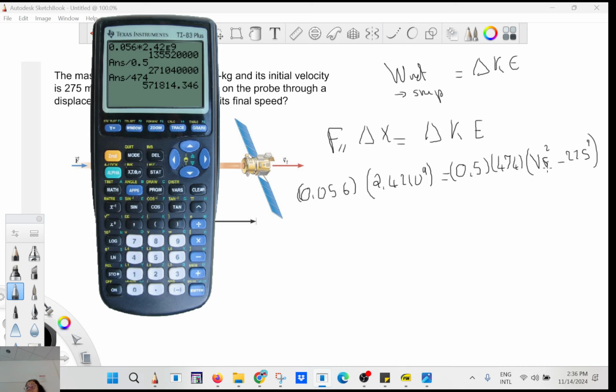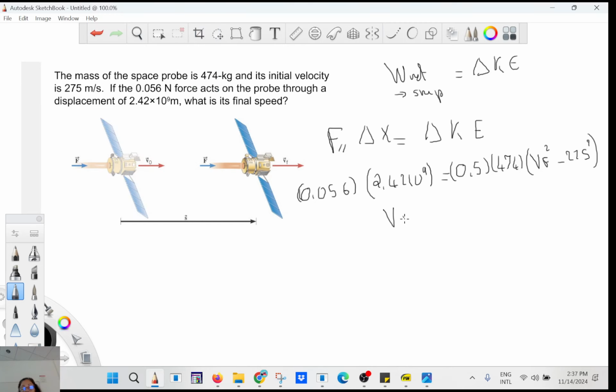And then you want to isolate this one, so you need to add on both sides, so plus 275 square, enter. We good, and then we have to take the square root. 805? 805, very good. 805, do you all agree? You see, you can do it with your TI. That way we review algebra, doesn't hurt.